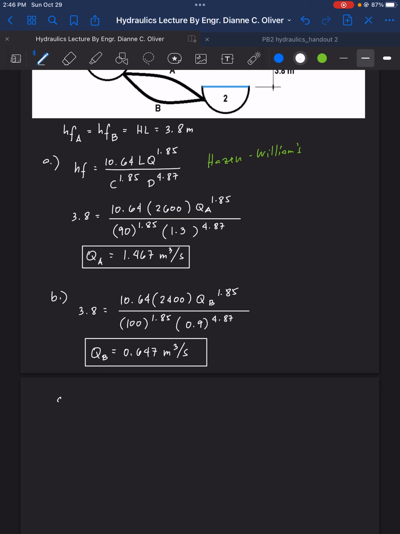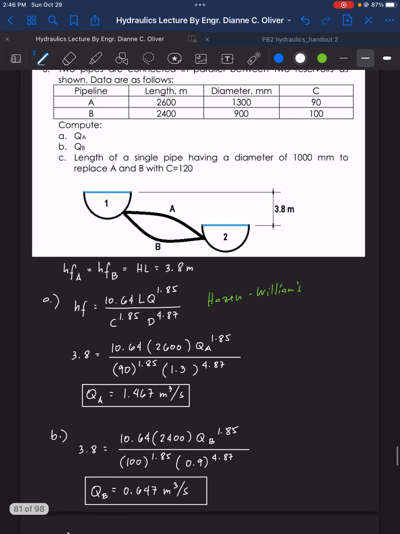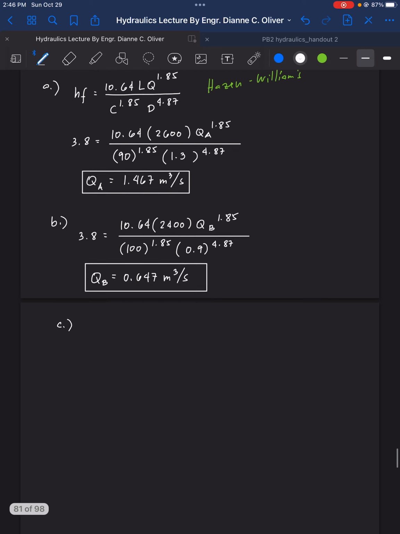Now for letter C, it's looking for the length of a single pipe having a diameter of 1,000 millimeters to replace A and B with C equal to 120. Meaning that single pipe will carry the total flow. So first, let's find the total flow. Q is equal to QA plus QB.